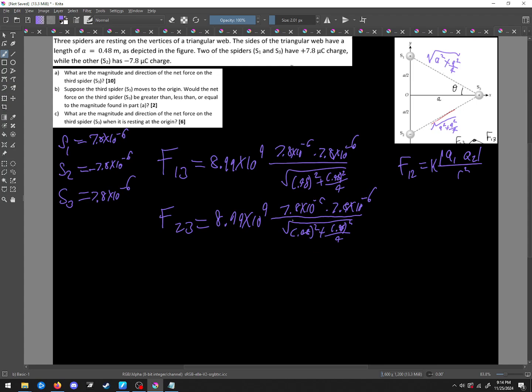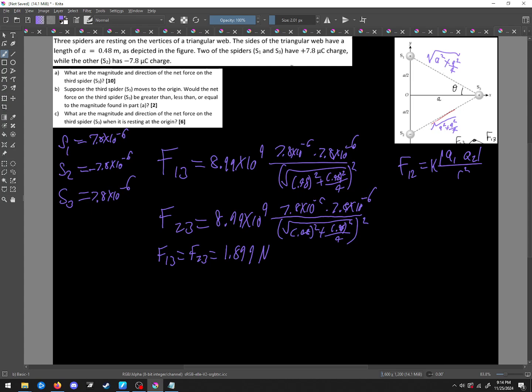Okay. This is actually this squared. So F13 equals F23 equals 1.899, and this would be newtons? Yes.